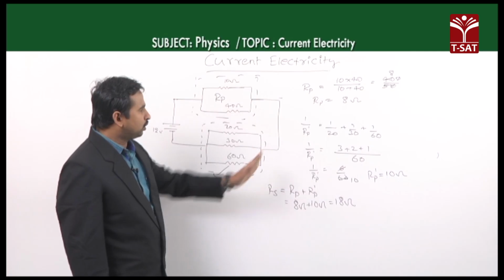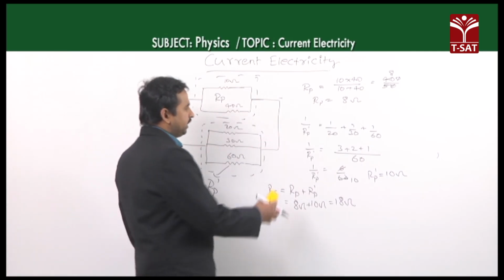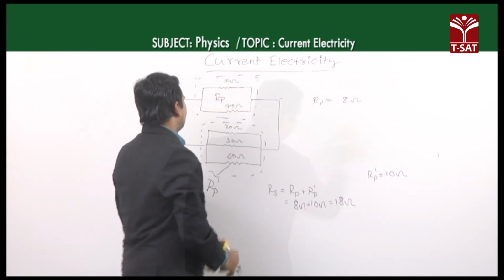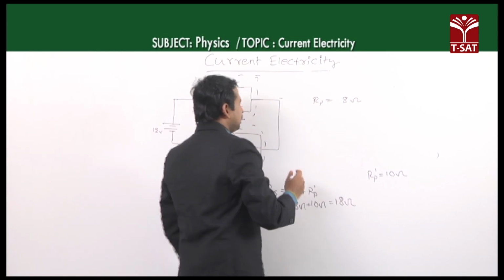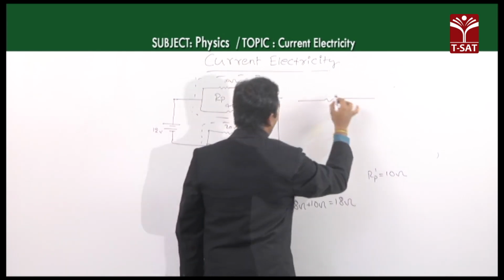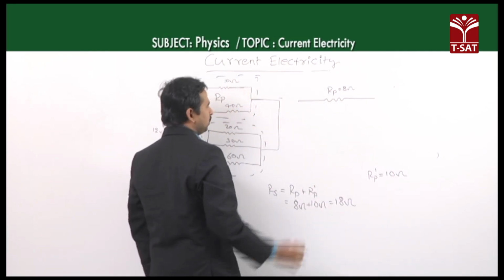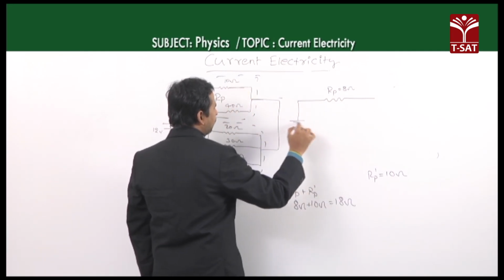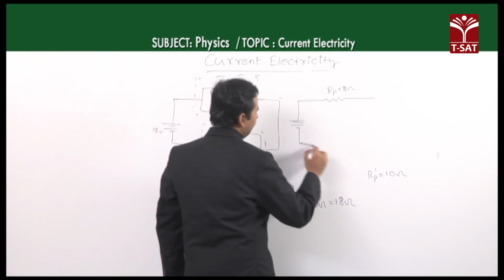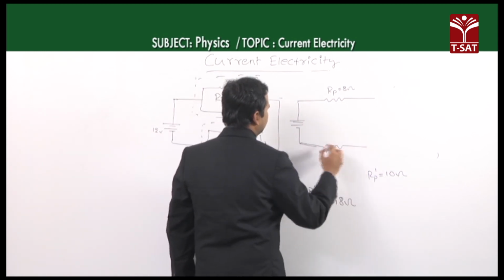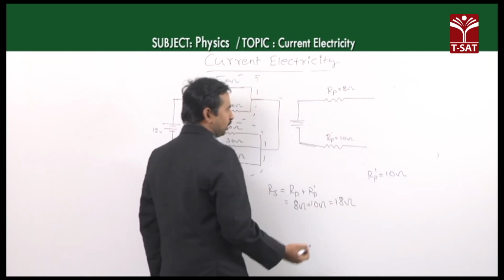Suppose we take that into a diagram. For the first case, for this part, the circuit becomes like this, where we have Rp equal to 8 ohms, and here we have the battery, and for this circuit, Rp dash, we take one more equivalent resistance, which we got as 10 ohms.